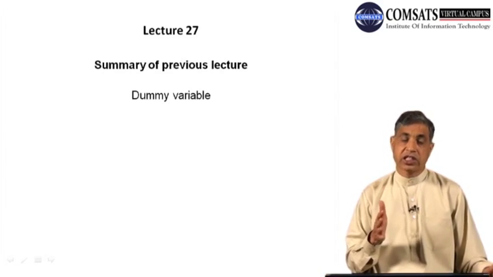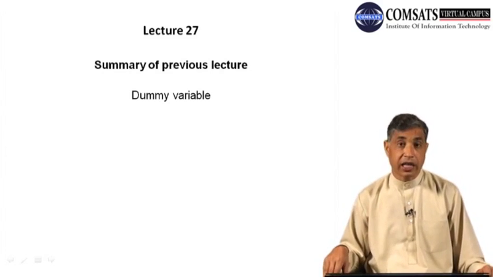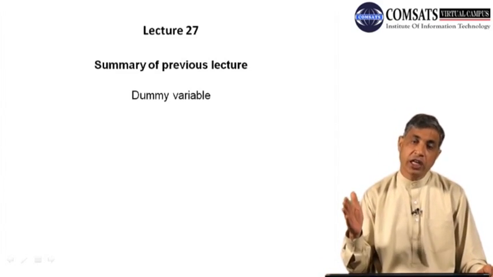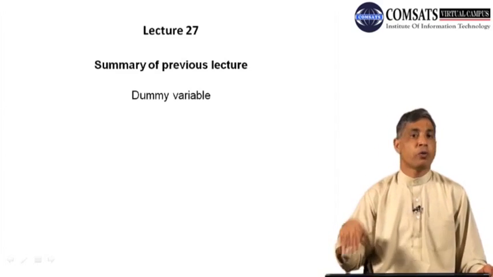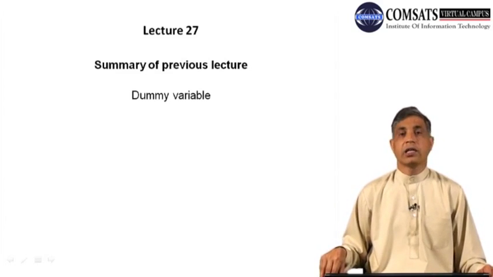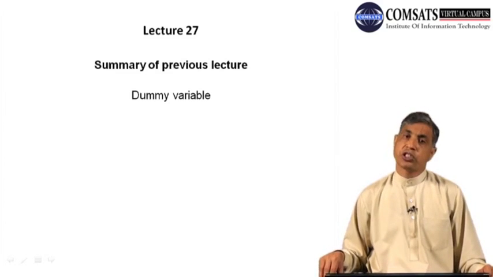This was the discussion up to now, and one kind of regression model is called the ANOVA model. The ANOVA model says that on the independent side, all our variables are nominal scale variables. They are categorical variables, and the model is said to be an ANOVA model. But this is not the situation all the time.